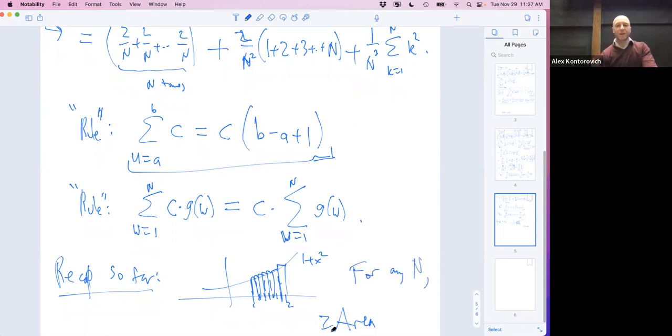for any capital N, the area is bounded above by, so what is this? This is n times 2 over n. That's this first term.